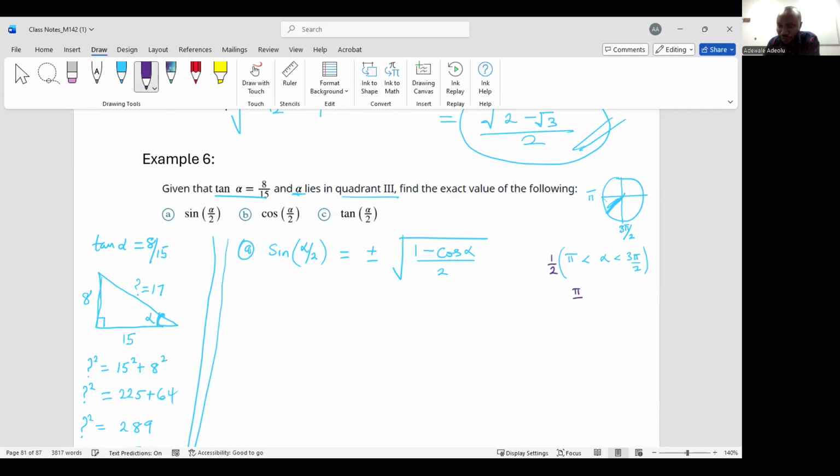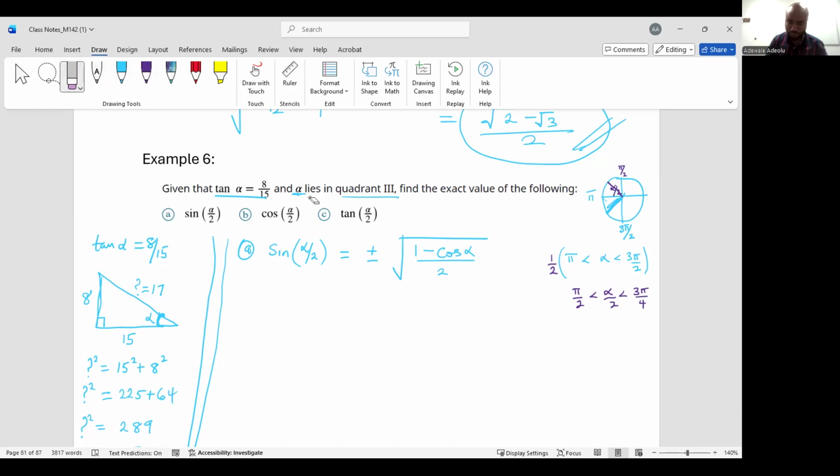So this is pi over 2 less than alpha over 2 less than 3 pi over 4. So this is 90 and this is 135. So 90 to 135 is somewhere in this second quadrant, meaning our alpha over 2 is in the second quadrant. And what that means is that sine is positive there.